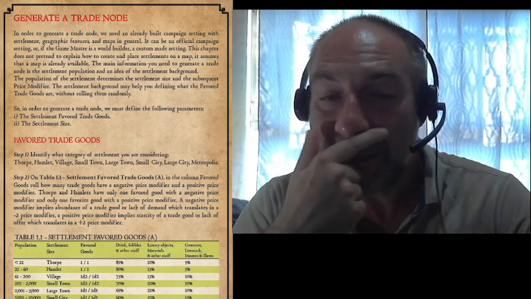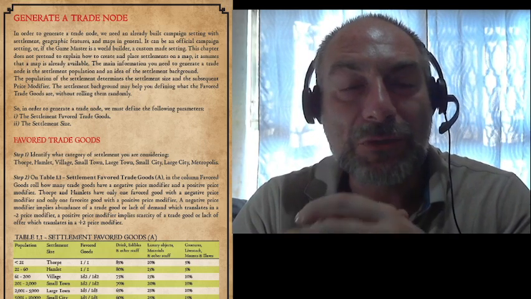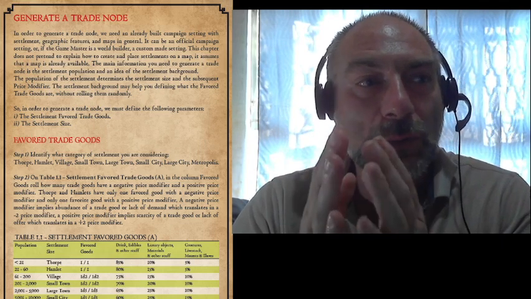Generate a trade node. In this chapter you see how you can give life to a trade node. What does it mean? For example, if in your personal campaign setting you have a city, a town, a hamlet, a village, you need to determine what kind of trade goods are produced there, what kind of trade goods are more expensive and what are less expensive.